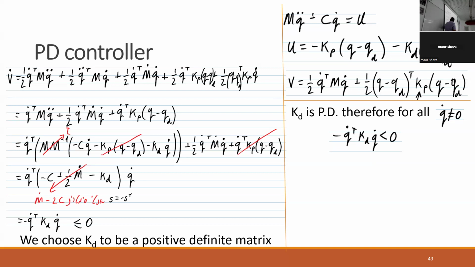And I have minus C q dot when I move it to the other side, and this is multiplied by M, this term.